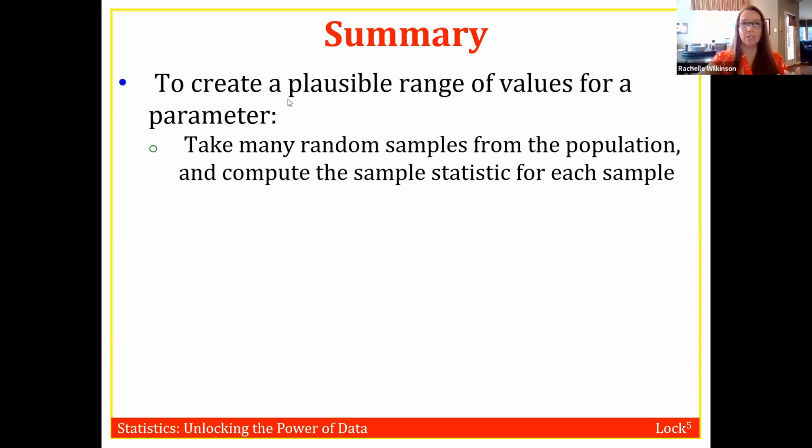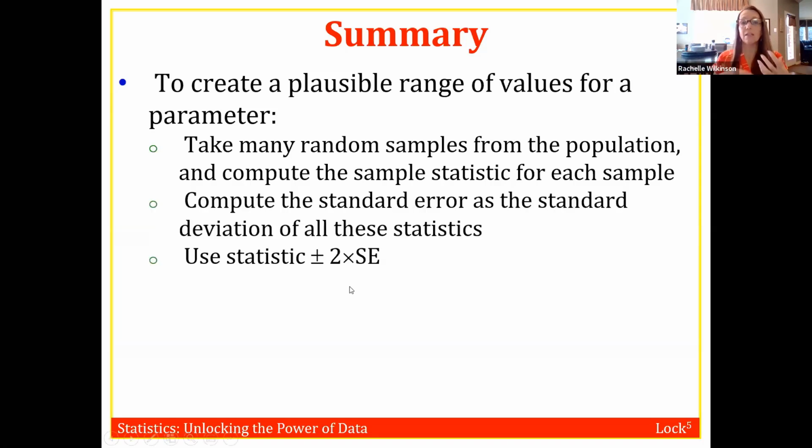We create a sampling distribution by taking many, many random samples from the population, computing the sample statistic for each of those samples, and then using the variation of that sampling distribution, which we call the standard error, to construct our confidence interval. And we said if we want to create a 95% confidence interval, all we have to do is take our sample statistic plus and minus 2 times the standard error. And again, the standard error came from that sampling distribution.